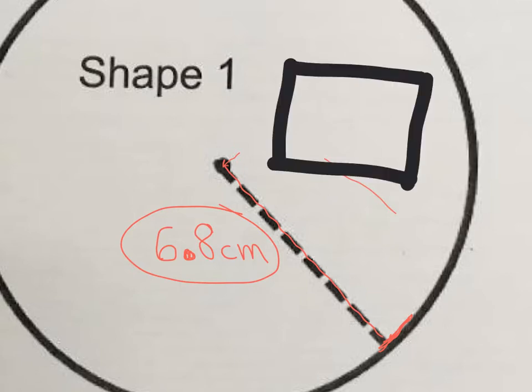For your other shapes, you're going to measure inside, going right to the inner edge as you measure. Again, measure in centimeters and round each of your measurements to the nearest tenth of a centimeter. So the entire project, round to the tenths place.